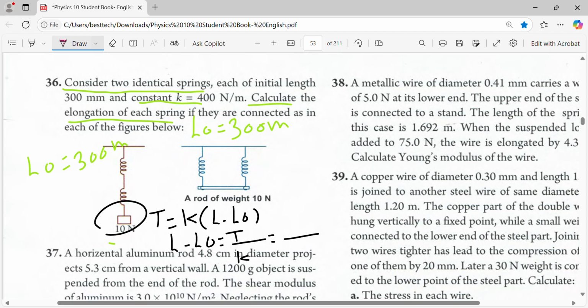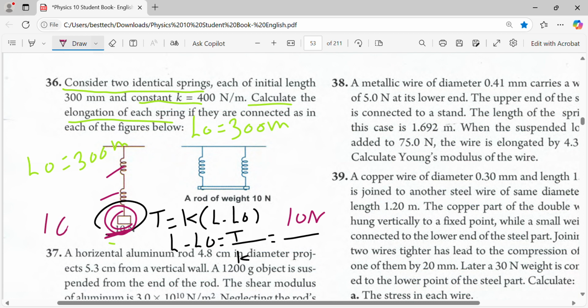the tension or the weight of this is 10 Newton, and this is the weight of the two springs, these two springs are suspended.